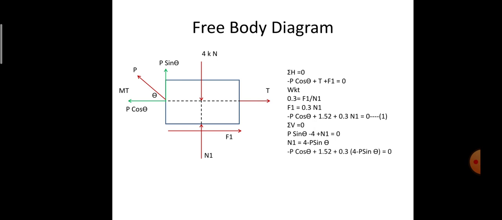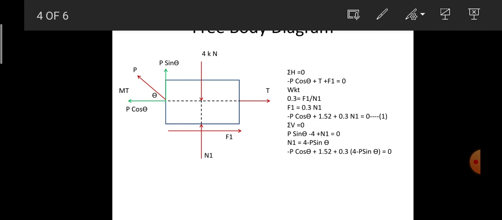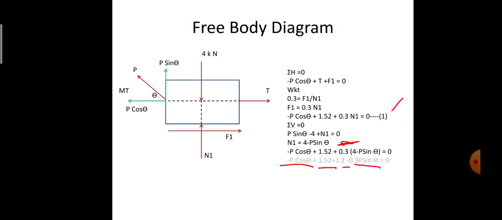I need to substitute that N1 value, 4 minus P sin theta, in equation 1. So equation 1 becomes P cos theta plus 1.52 plus 0.3 into (4 minus P sin theta), equated to 0.